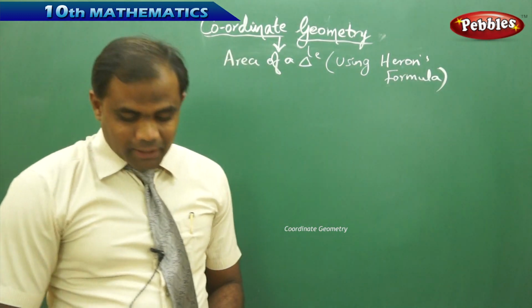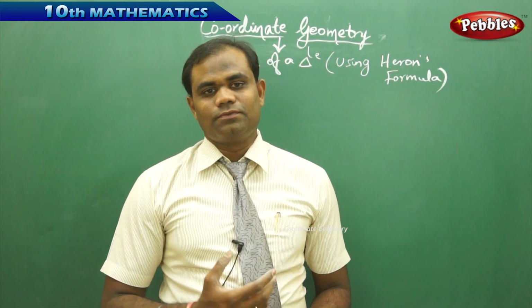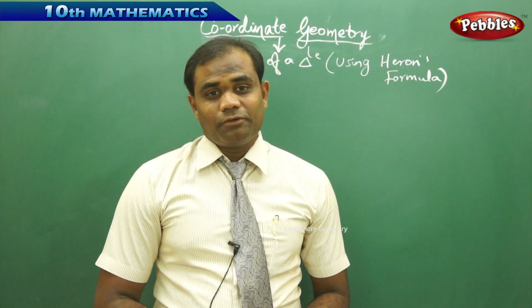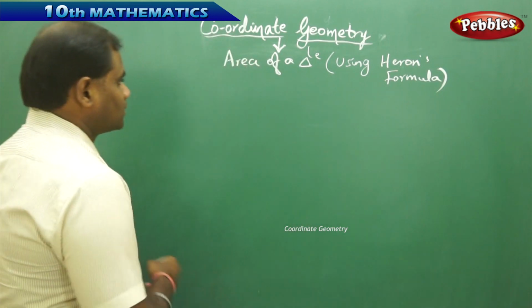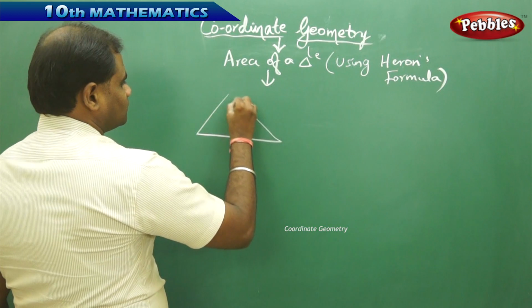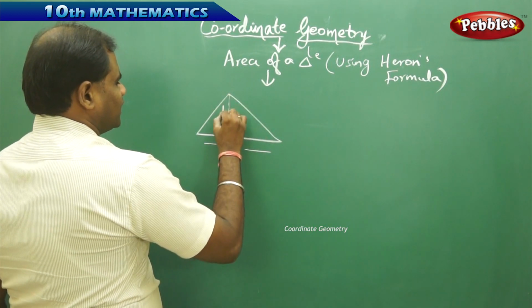Now let's find the area of a triangle. Let's revisit the area of the triangle which we have found using the coordinates. Sometimes the area of a triangle is generally given by, say for example, I have the triangle, this is the base and this is the height.